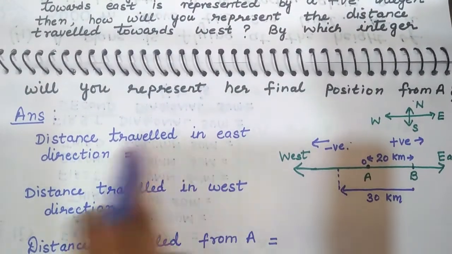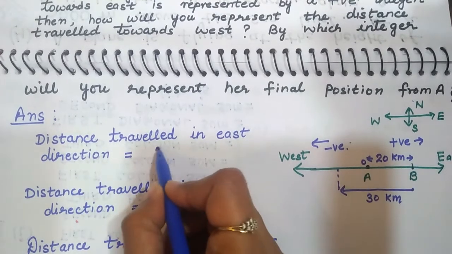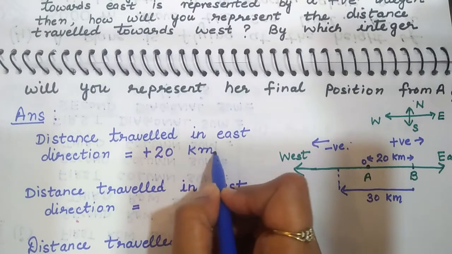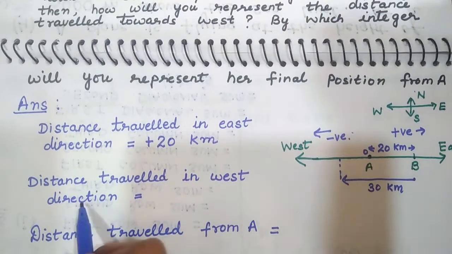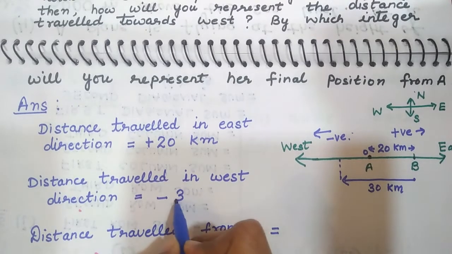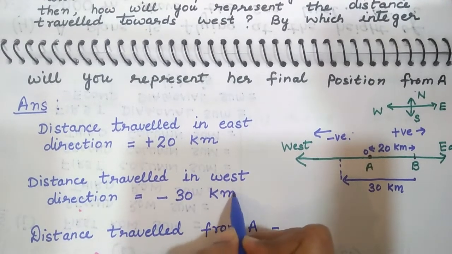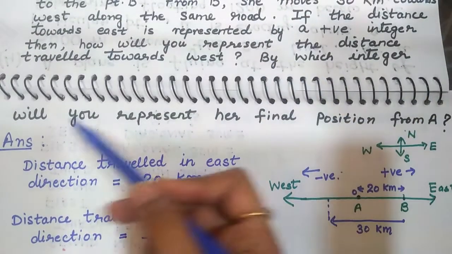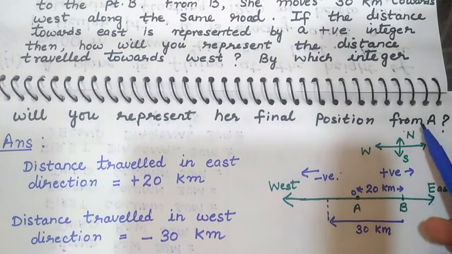So distance traveled in east direction is plus 20 kilometer, and distance traveled in west direction will be minus 30 kilometer. Now what they ask next: by which integer will you represent her final position from A?